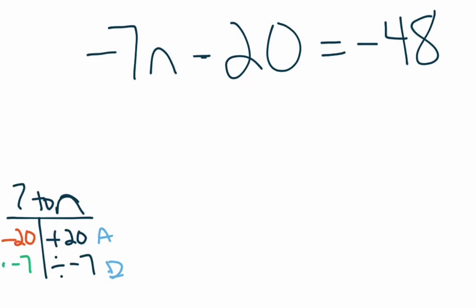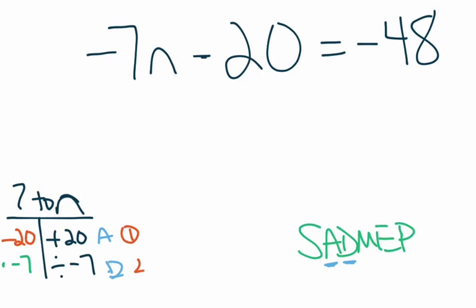If I write SADMEP, I notice that A comes before D, so I'm going to add first and then divide. So the first thing that we're going to do is add 20 to both sides.